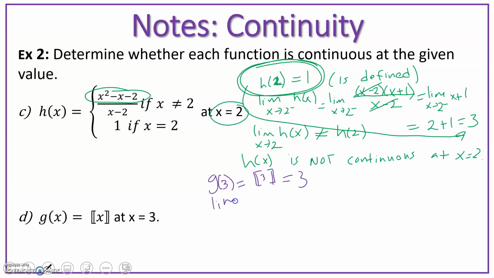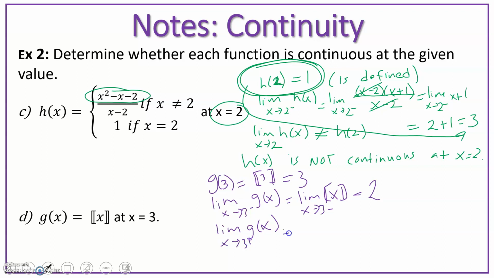Now let's check our limits. So the limit as x approaches 3 from the left of g of x is the limit as x approaches 3 of our greatest integer function from the left. And then we're just going to plug in a number to the left of 3, like 2.999 essentially. So out will come a 2. And then the limit of g of x as x approaches 3 from the right.